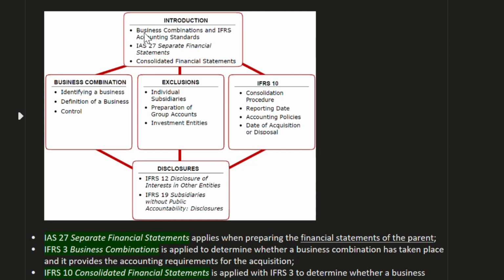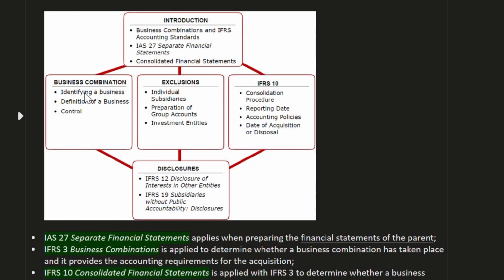So the introduction: business combination and IFRS accounting standard, IAS 27 separate financial statement and consolidated financial statement. We can understand this business combination, exclusion, and IFRS 10. So identify a business, definition of a business, and control. These are very important key elements.